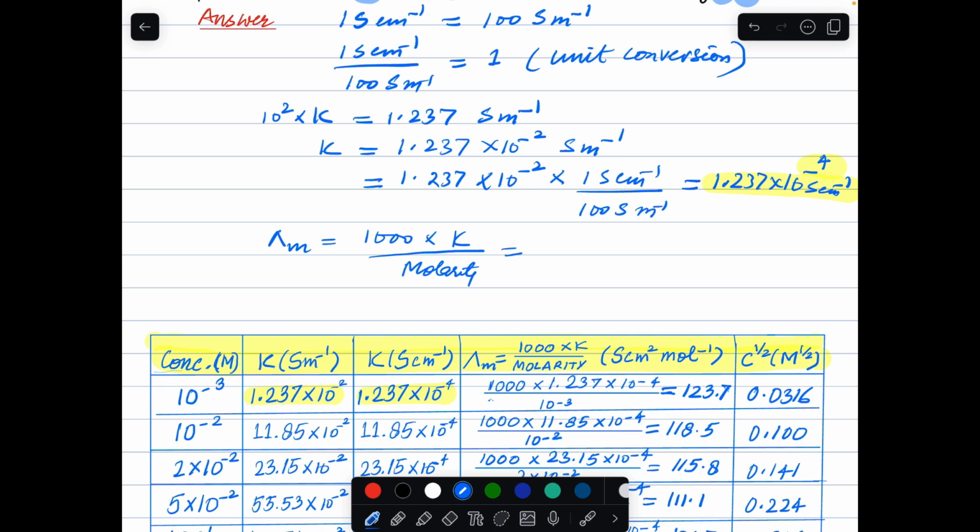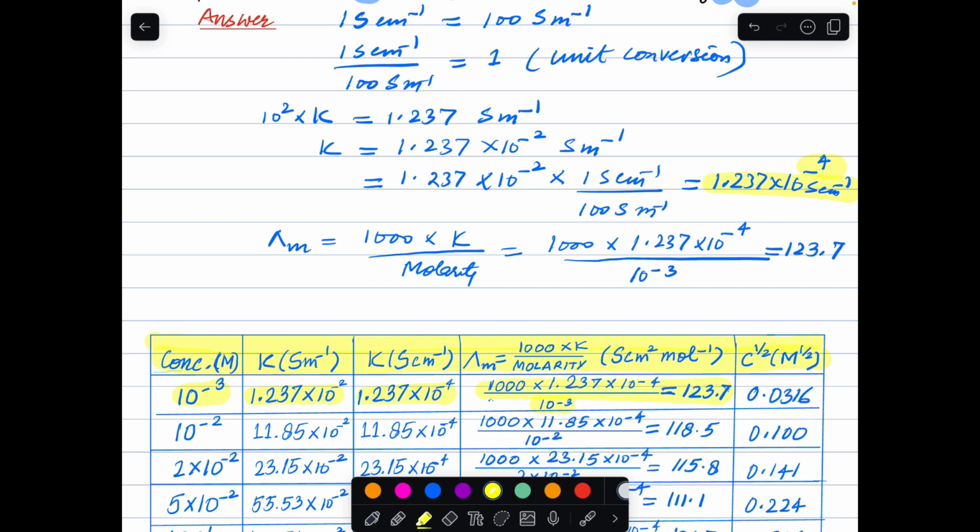For the first value it is 1000 multiplied by 1.237 into 10 raised to the power minus 4, divided by the concentration, which is 10 raised to the power minus 3. So we are getting this value as 123.7.